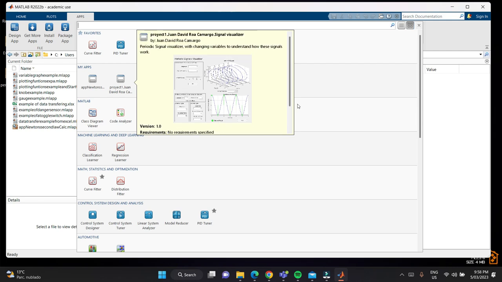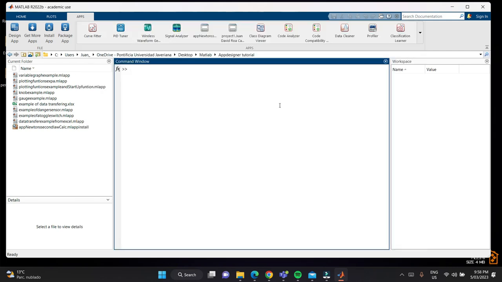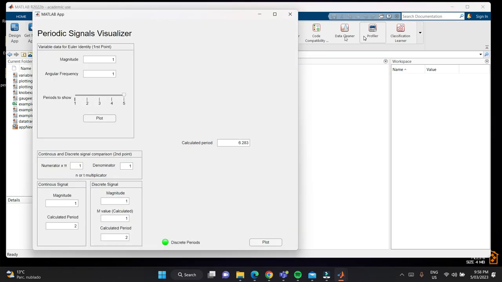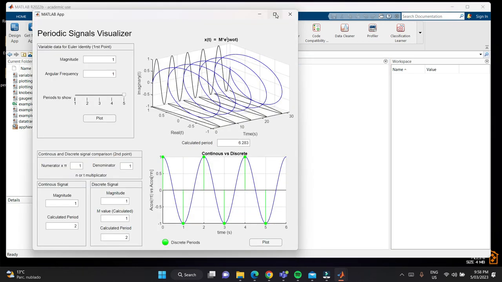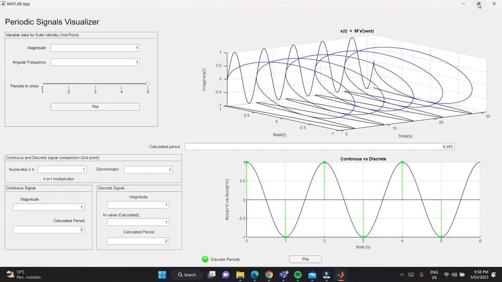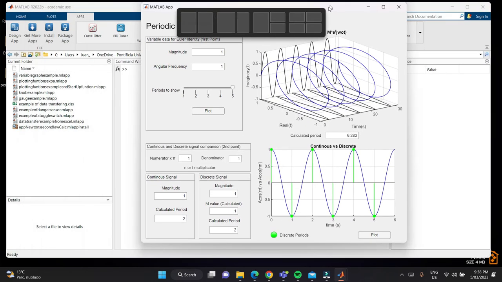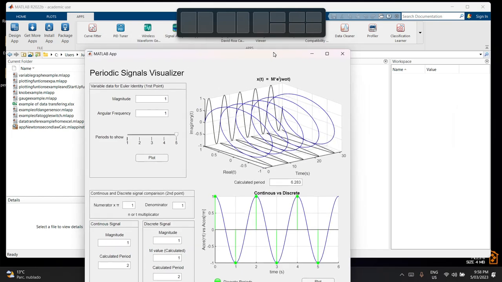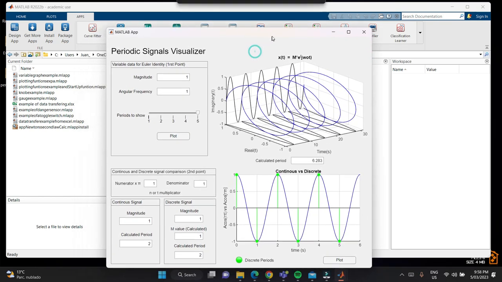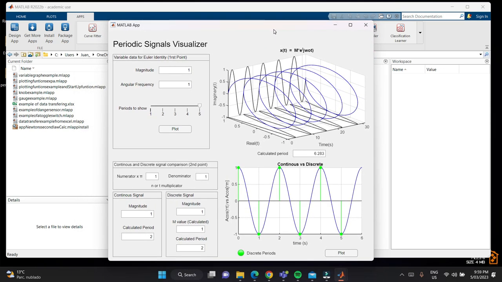What we have to do is basically just click on it, and this is the first thing that opens up. I made this app thinking about what the teacher asked for, but actually I did a little bit more.